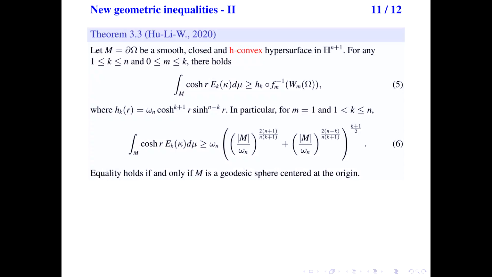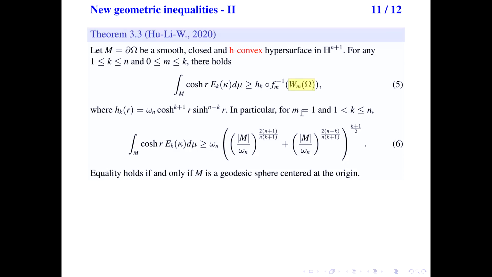Now this is the second geometric inequality. For a smooth bounded h-convex domain whose boundary M is a smooth hypersurface, and for general k between 1 and n and m smaller than k, we can compare the integration of the cosh r times E_k with W_m.